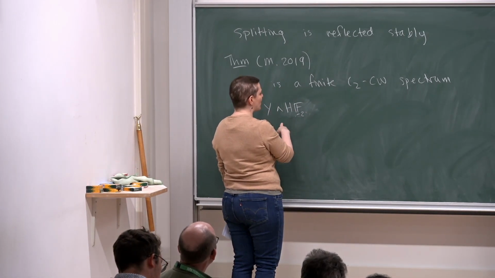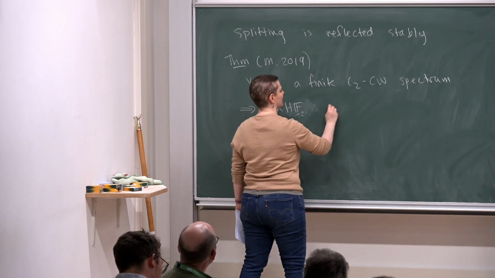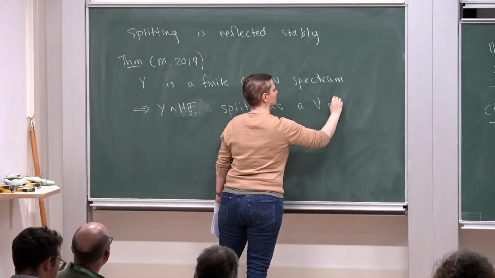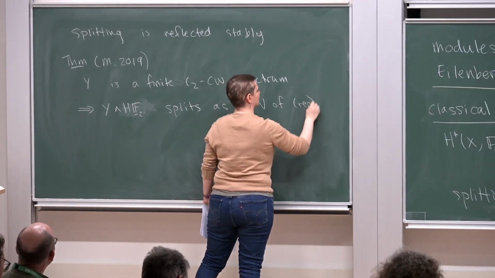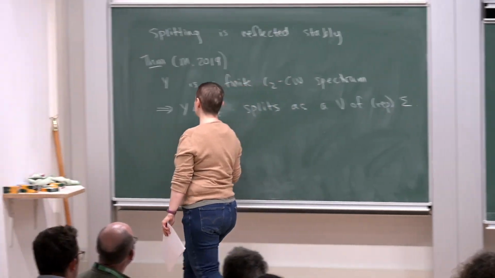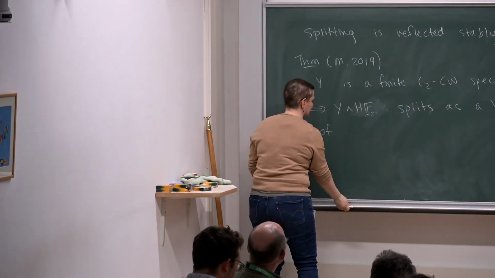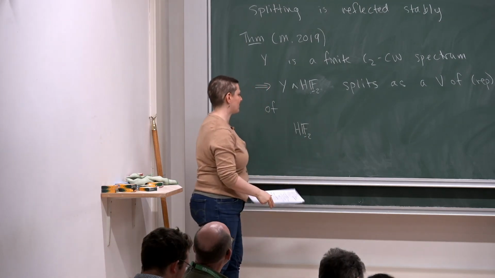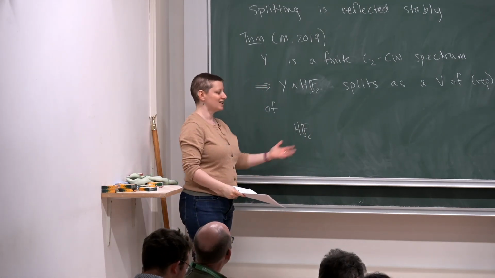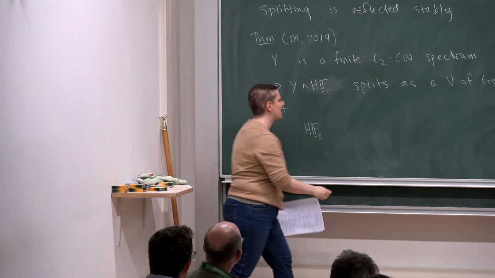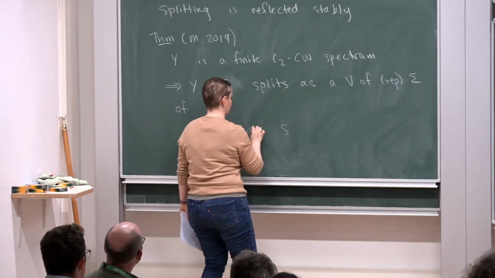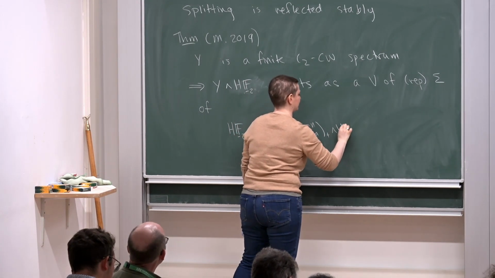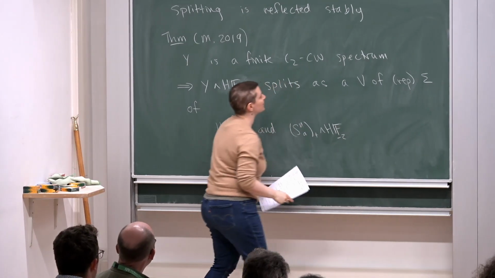So this spectrum, Y smash HF2 underline, splits as a wedge of possibly representation suspensions of just two kinds of things. Well, of course, you need HF2 underline. If Y was S0, then you would certainly need that. And the other piece is just antipodal spheres smashed with it. Okay.